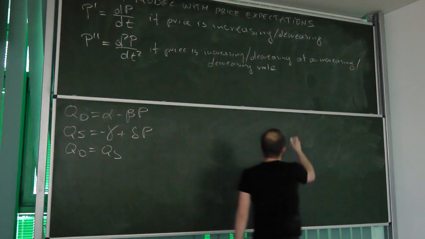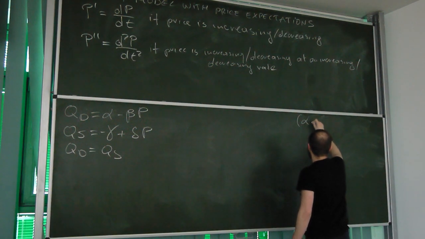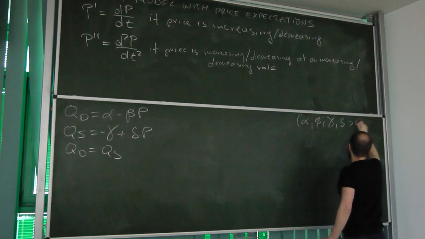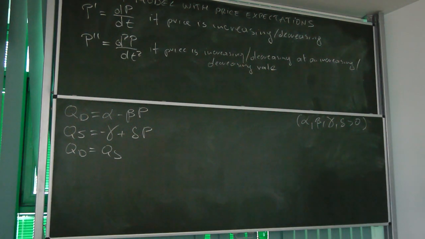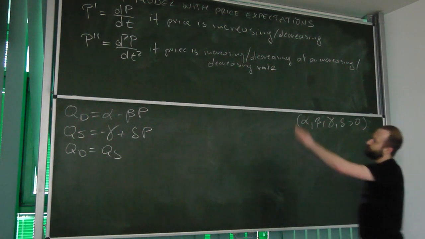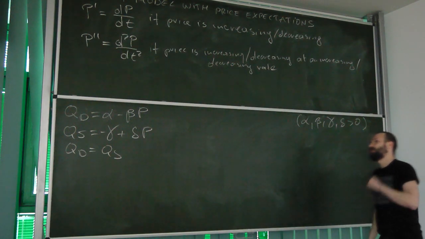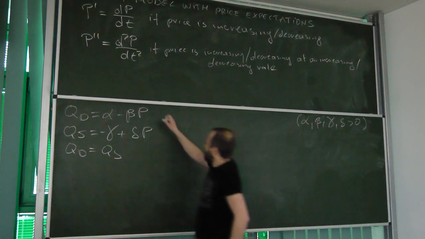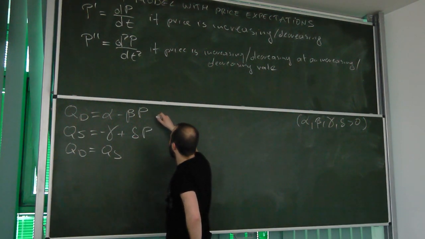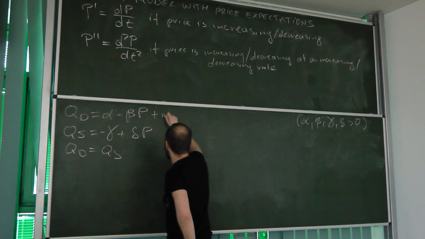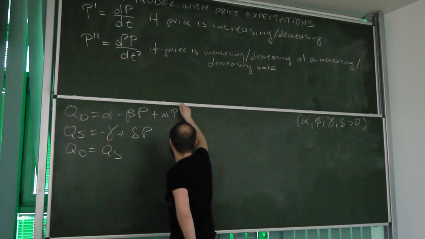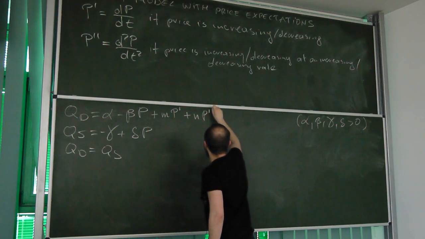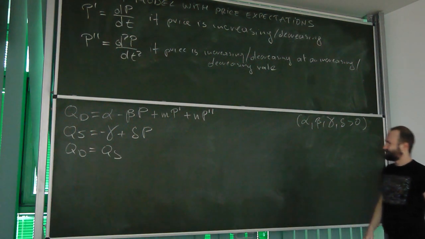Now, just as before, we are assuming that all parameters alpha, beta, gamma, and delta are all positive. But now we are going to introduce first and second derivative in order to account for expectations. So, in demand function, we're going to add m times p prime plus n times p double prime.